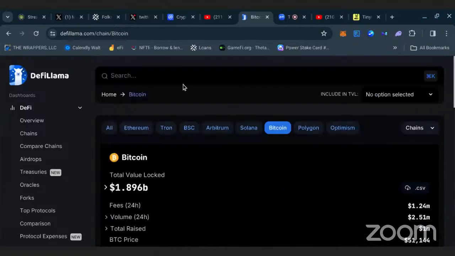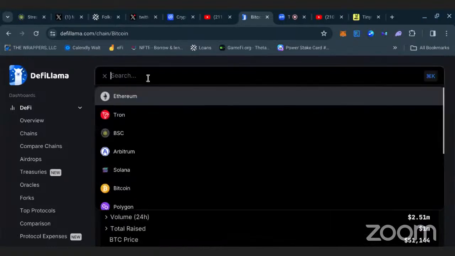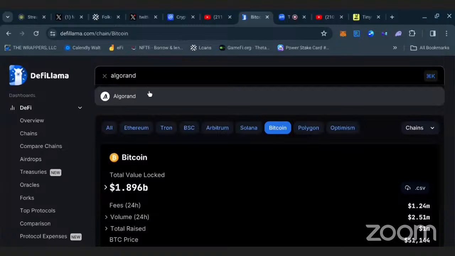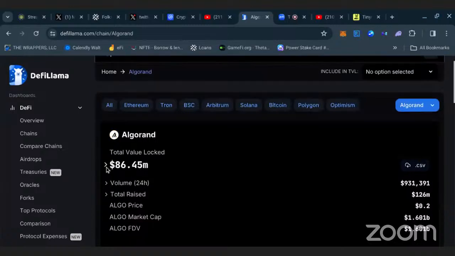And the same thing works if you're looking at the value of Algorand, right? This is important when you're looking at the total value locked and especially the market cap of an asset, because as long as the market cap is growing, your stake, your equity that you have invested, is growing because the overall market cap is growing.